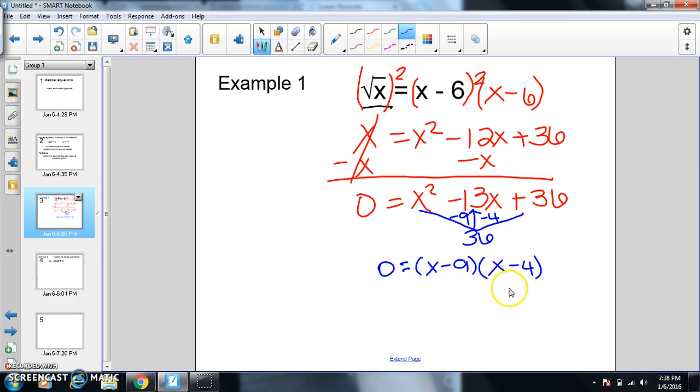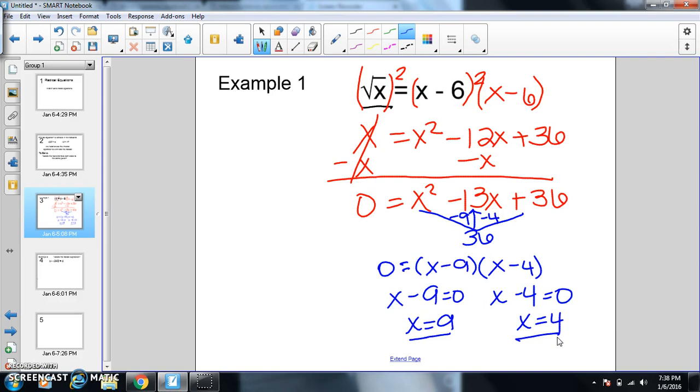Now, since I have my factored form set equal to 0, I can set each factor equal to 0. So I have x minus 9 equals 0, and x minus 4 equals 0. Add 4 to both sides, x is equal to 4. Add 9 to both sides, x is equal to 9. So we have two solutions of x equals 9 and x equals 4.